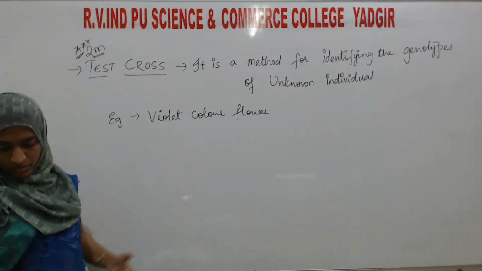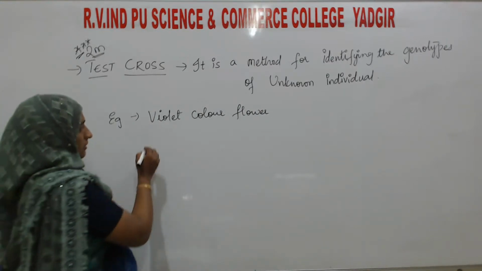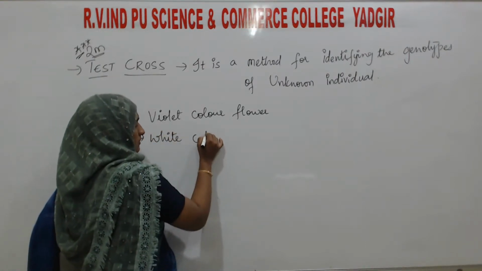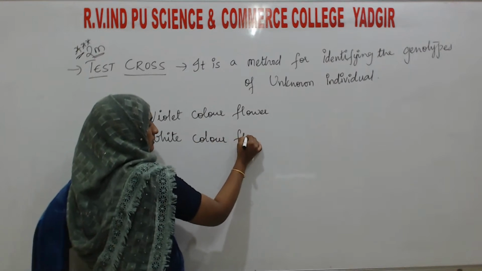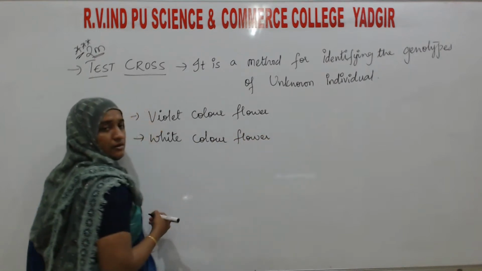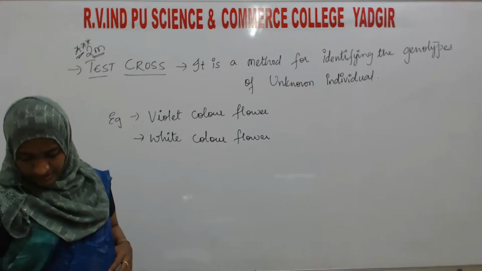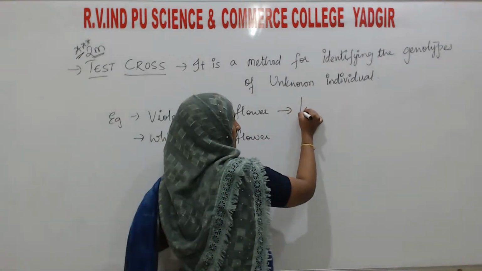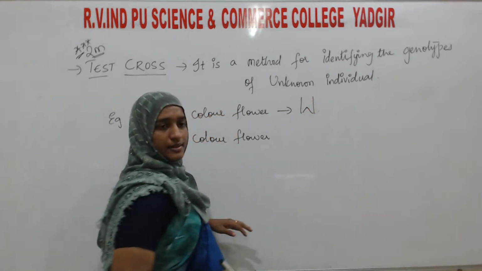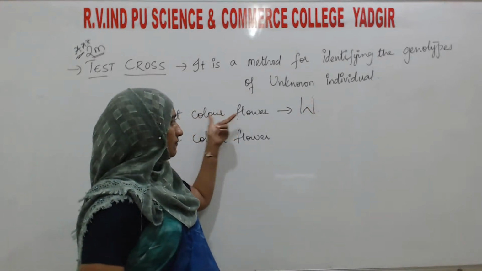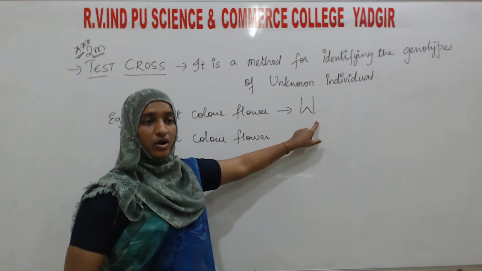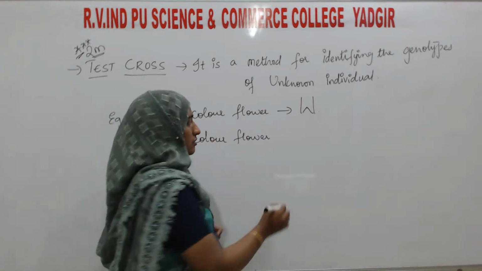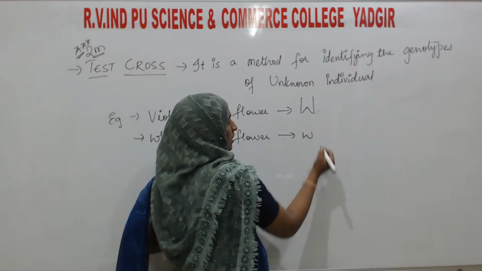One more flower he has taken, that is the white color flower. Who is dominant here? I will represent the violet color flower by the capital W, and the white color flower by the small w.